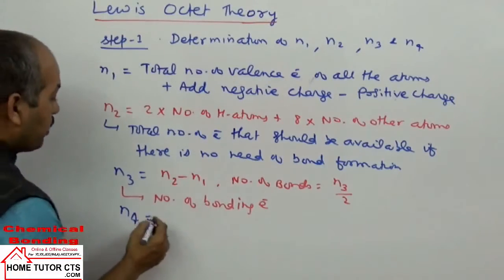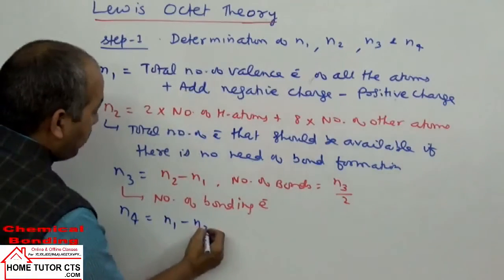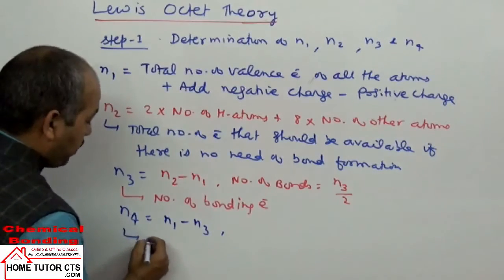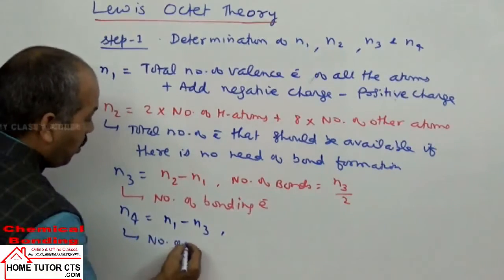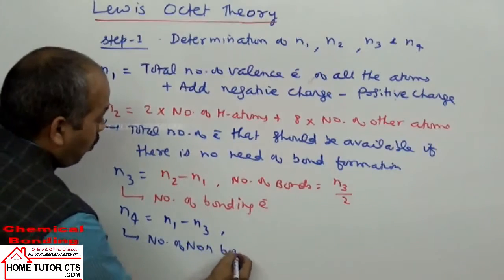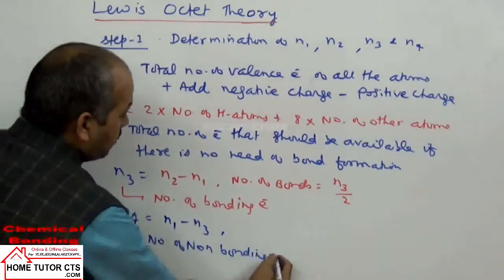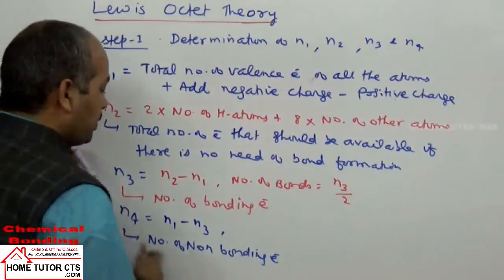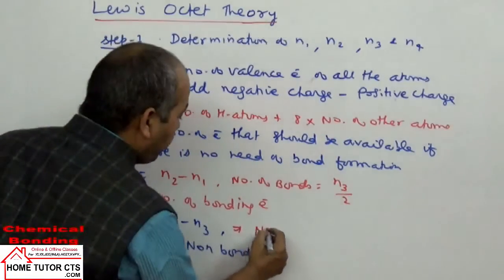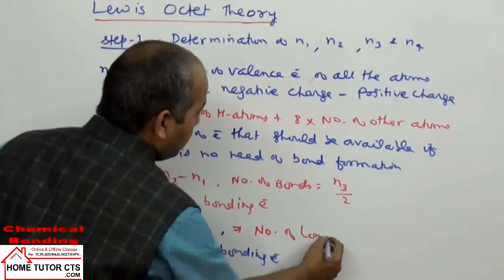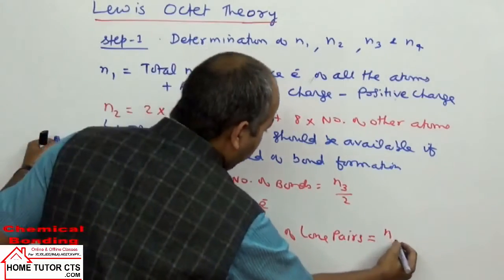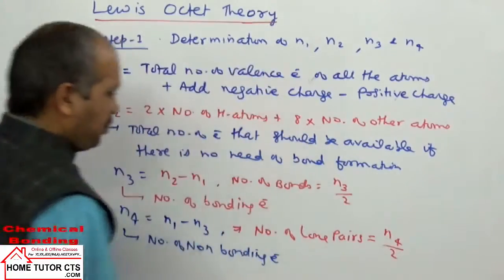So N4 can be taken as N1 minus N3, and N4 gives the number of non-bonding electrons. These non-bonding electrons give the total number of lone pairs available, which is N4 by 2.